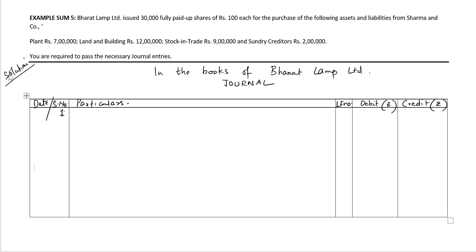The first journal entry is for the purchase of assets and liabilities. We'll begin with the working notes.